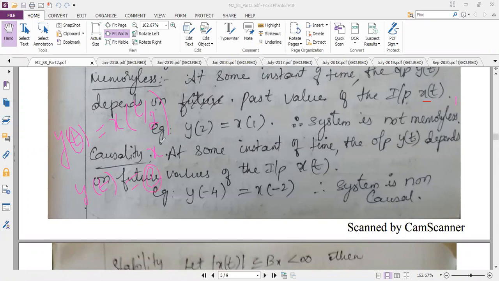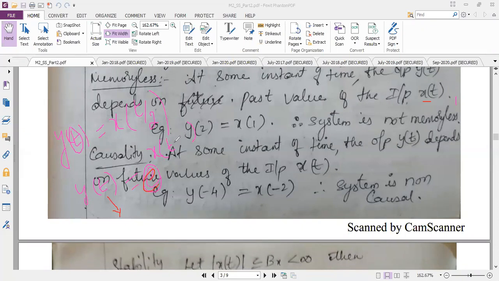So directly based upon the term in the bracket of x, I will say whether it is a memory system or a memoryless system. So for the e power case, I do not substitute the value for t. Directly, just at a glance, seeing the question itself, I can come to the conclusion.